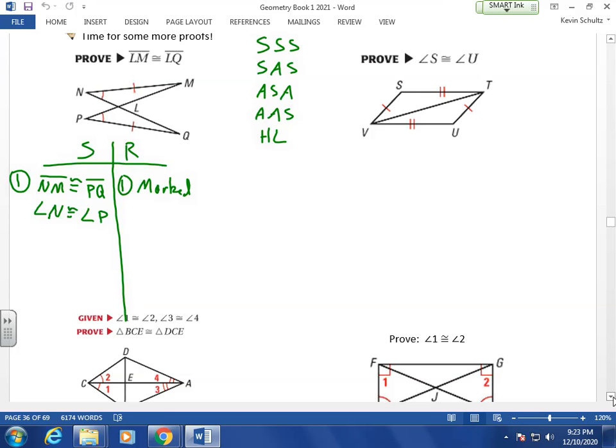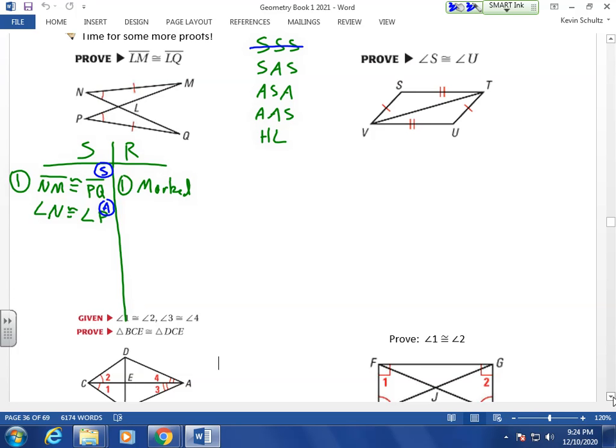But like we talked about yesterday, we're looking for these 5 things, three parts. NM and PQ, well, there's one side. Angle N and angle P, well, there's one angle. So I've got one side, one angle. I can eliminate side-side-side. I'm not going to be using that here.